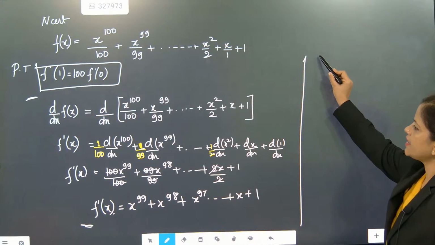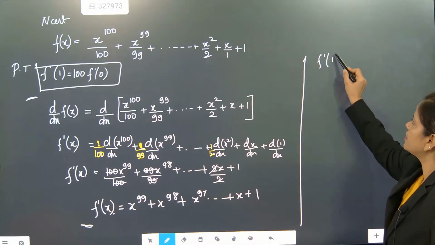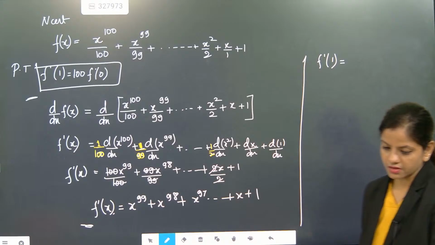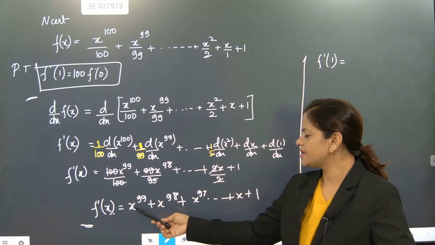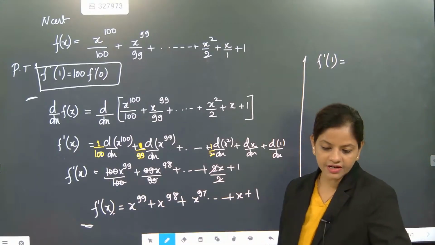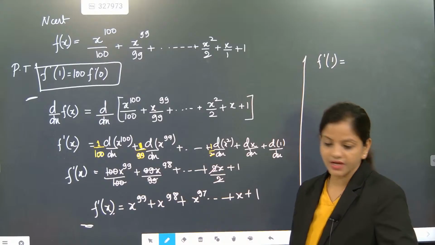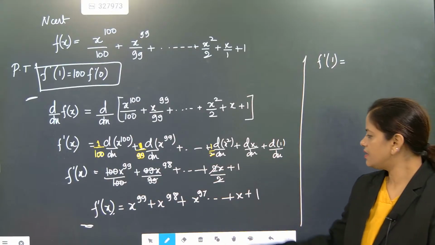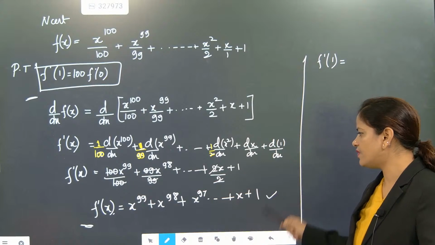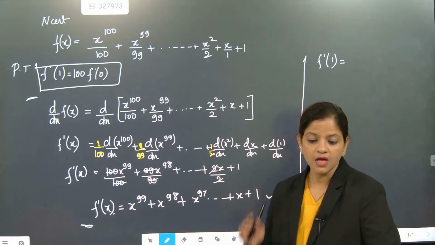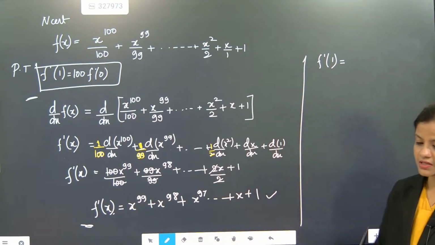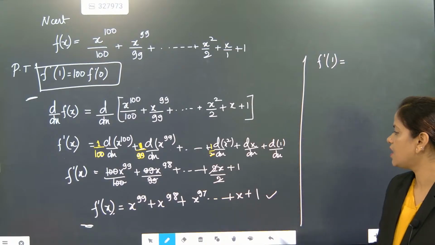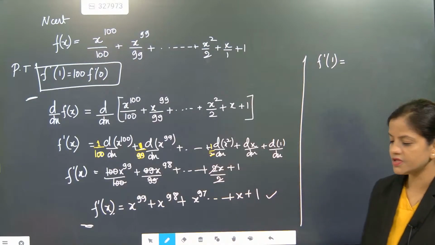So we will write f dash 1. The moment we have written f dash 1, you just think like this, beta: 1 to the power 99 will come, 1 to the power 98 will come, 1 to the power 97 will come, till it comes 1, 1, 1, 1. So how many terms are there? First you check. Total 100 terms are there.